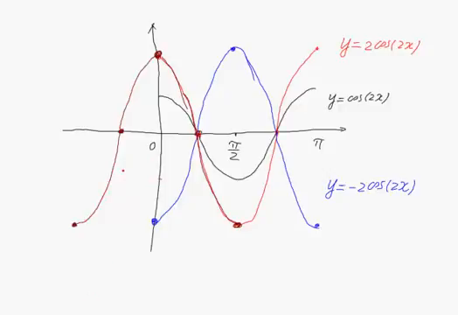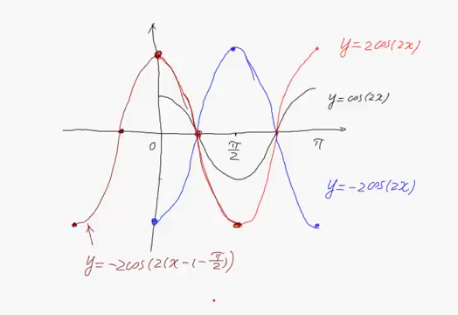So right now this brown one is the graph of the function y equals negative 2 times cosine of 2 times x minus negative half pi.